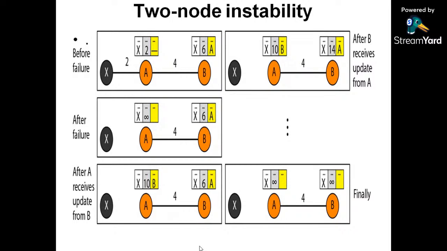And after A receives the update, now B becomes the failure. So the updates keep passing between them, and it becomes a case of two-node instability.